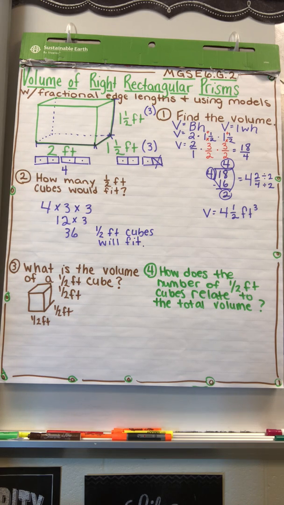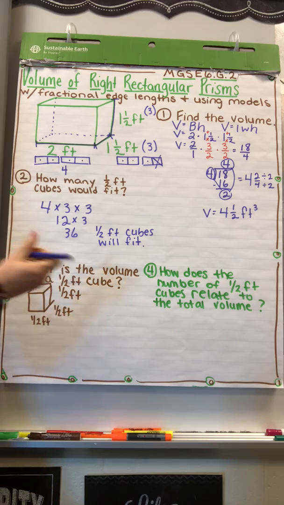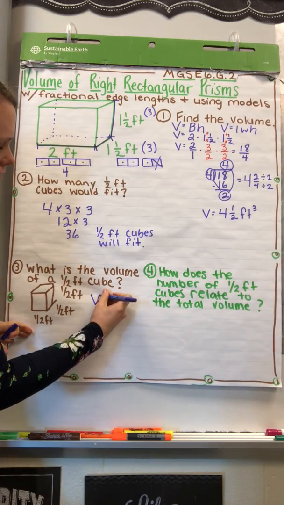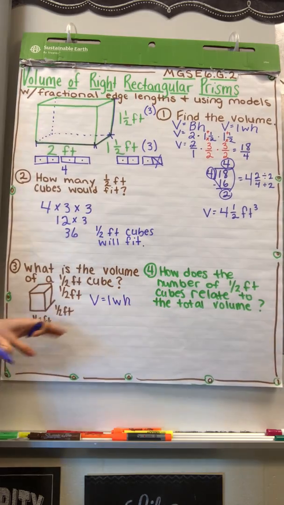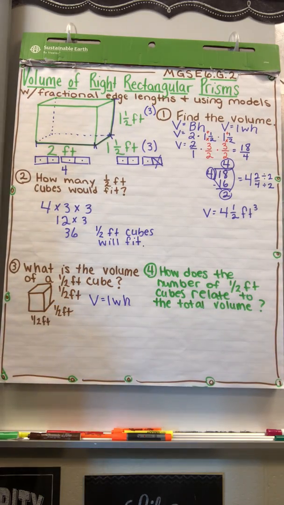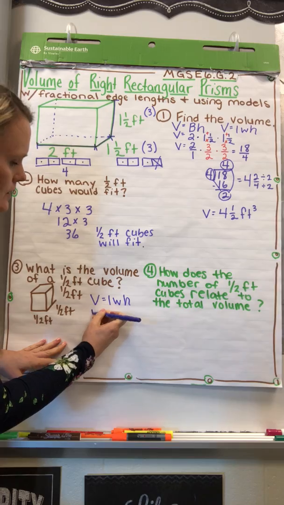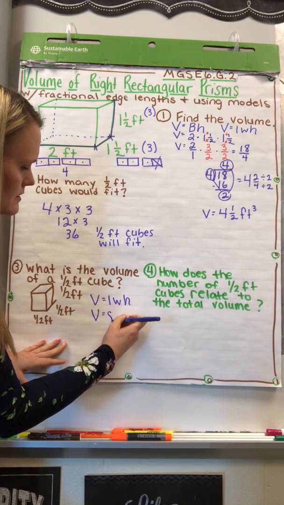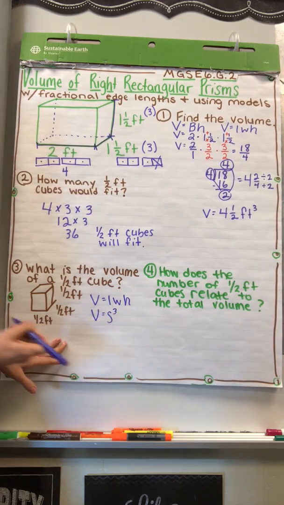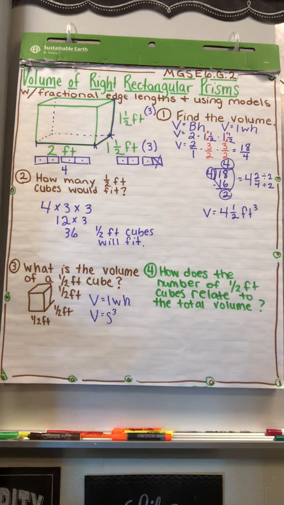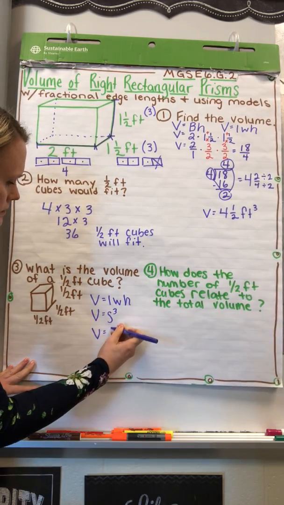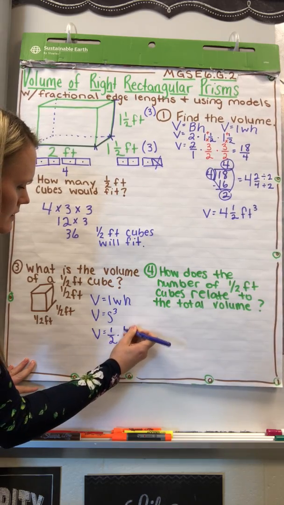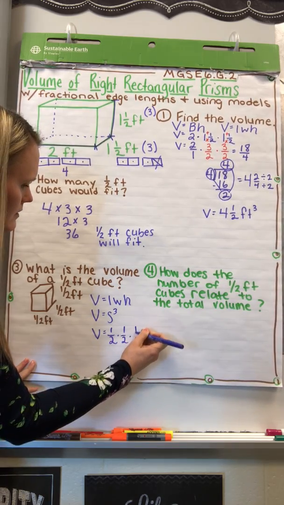Number 3 says, what is the volume of a half-foot cube? Okay, we can also figure that out by length times width times height. Another way you may see the volume formula written for a cube is volume equals side cubed. That just means side times side times side, since all the side lengths are the same. So 1/2 times 1/2 times 1/2.